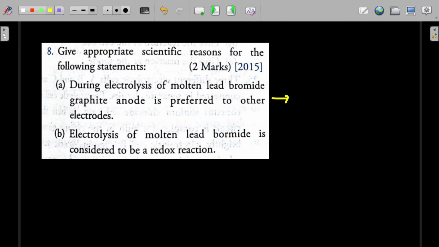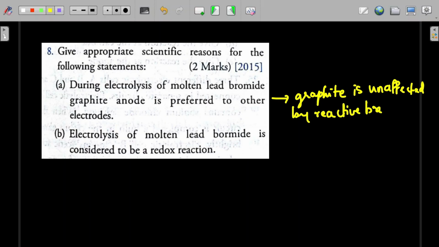At the anode, we know the bromine vapors will be released, and we have to select an electrode which does not get affected by that. So graphite is unaffected by reactive bromine vapors released at the anode. Specifically, they have asked here about the anode.